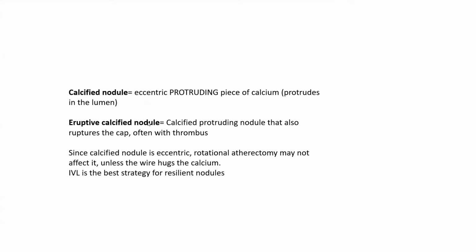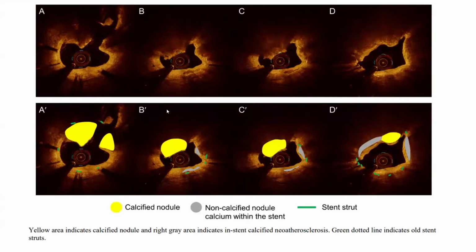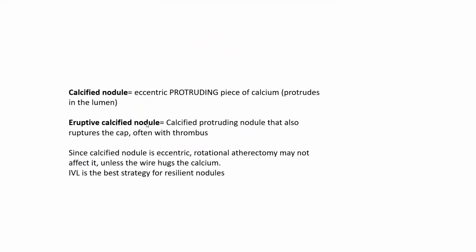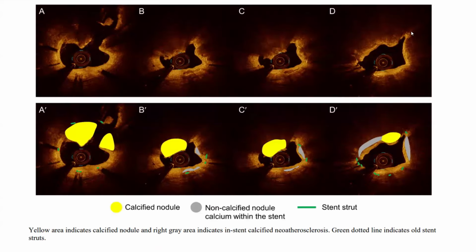Eruptive calcified nodules mean that the calcified nodule not only protrudes in the lumen, it ruptures the cap above it and frequently causes thrombus formation and ACS. So this here, for example, is a non-eruptive calcified nodule. You have a calcified nodule protruding in the lumen, but the cap is intact, not ruptured.